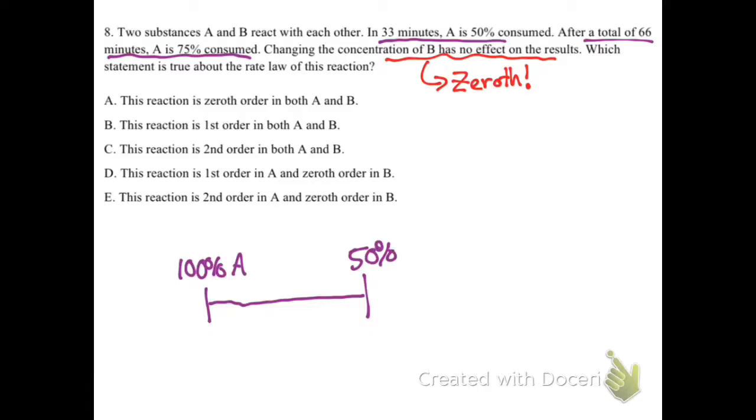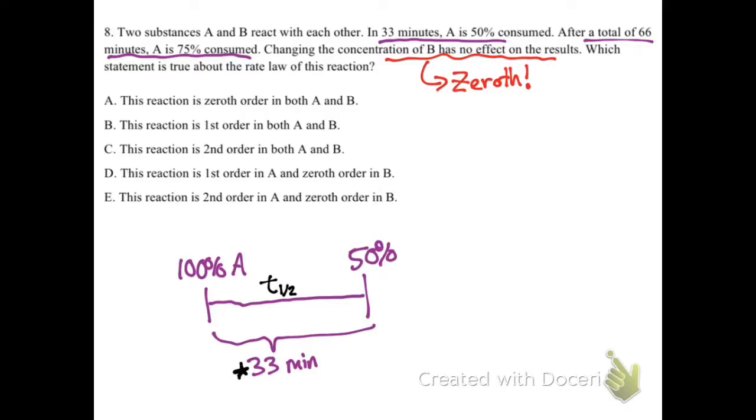So we would have 50% remaining after, again, a period of time of 33 minutes. So what do we call that? The time it takes to use up half the reactants. That is a half-life. So one half-life took 33 minutes.